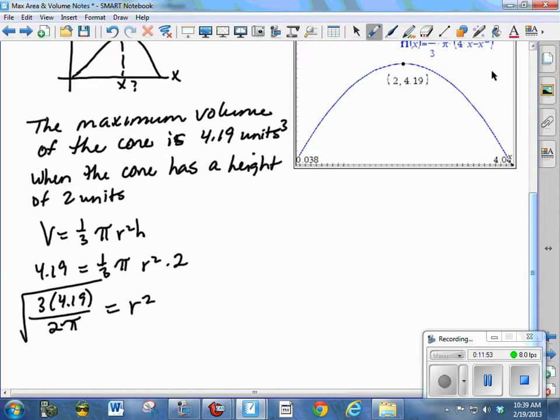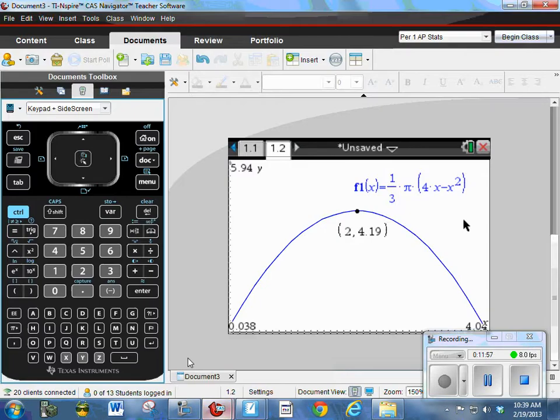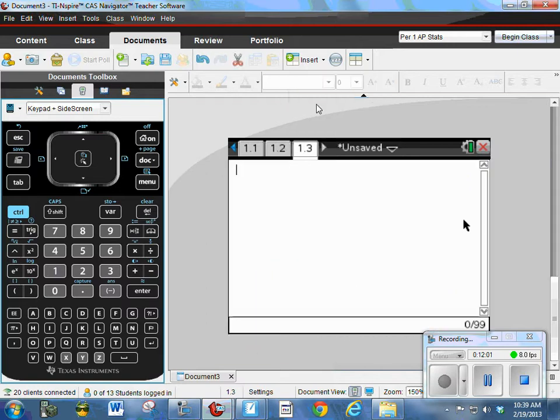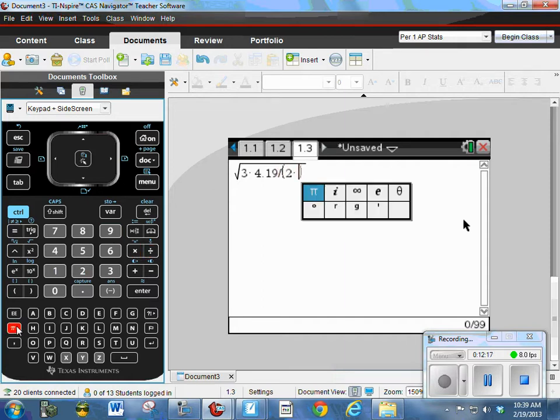So when we calculate that, go to a calculator page. So it's the square root of 3 times 4.19, divided by, in parentheses, 2 times pi.